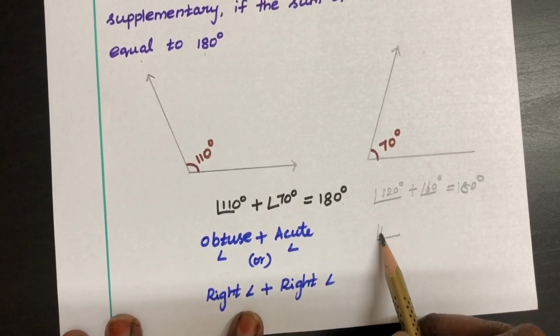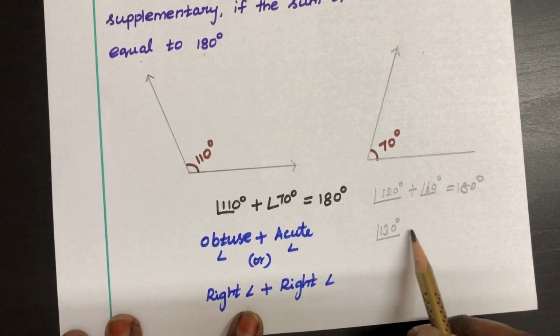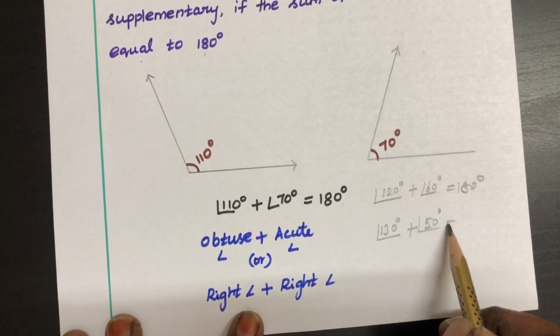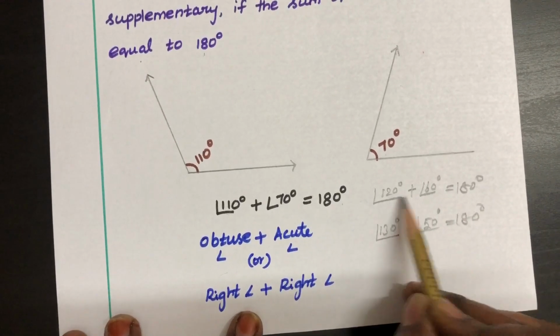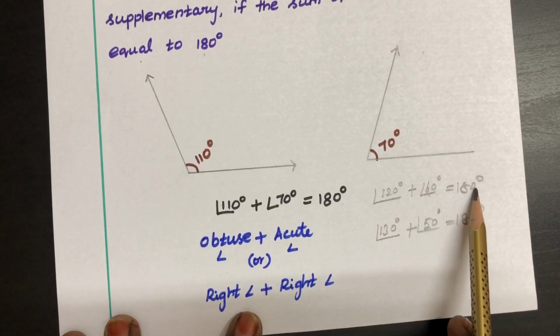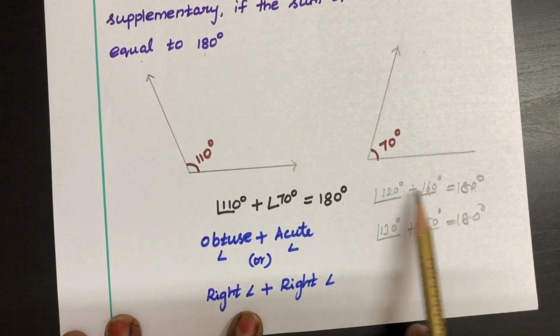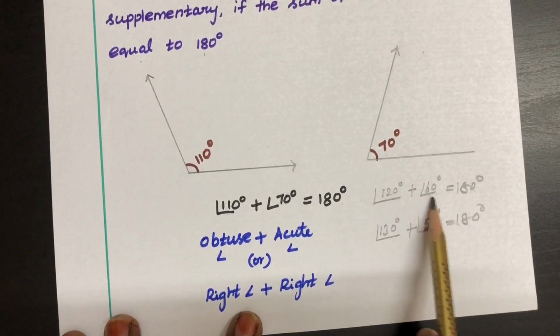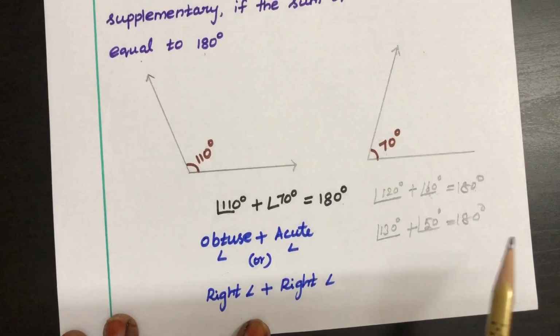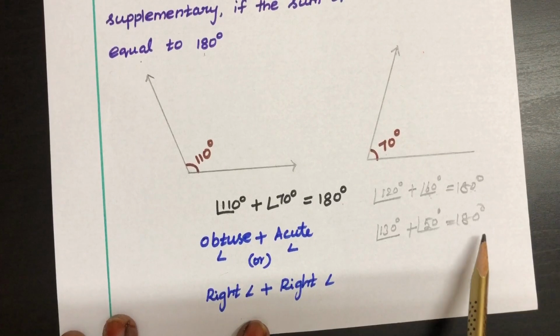Similarly, suppose 130 degree. What will come here? 50 degree, right? 50 degree will give you 180 degree. These pairs, pair means two measures. 120, 60 gives you 180 degree. So these two measures are supplementary angles. Similarly, 130 degree and 50 degree measures are supplementary angles because it gives 180 degree.